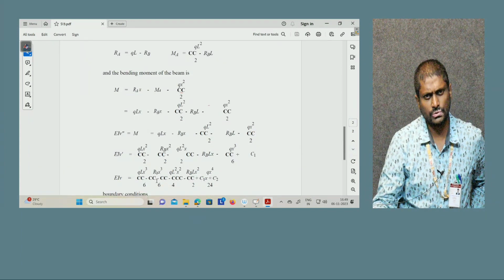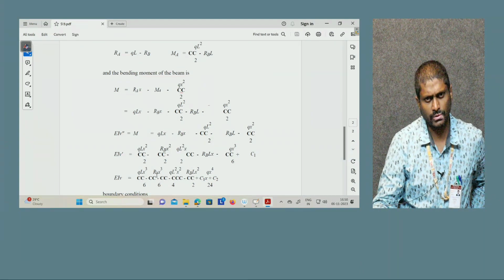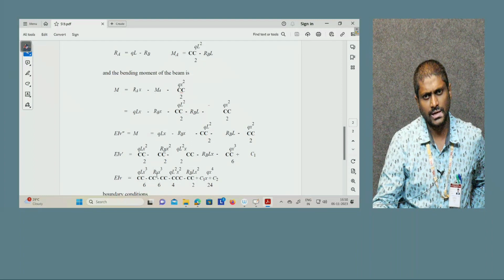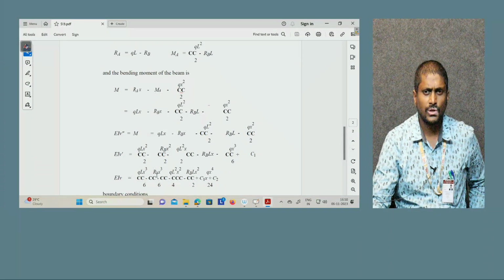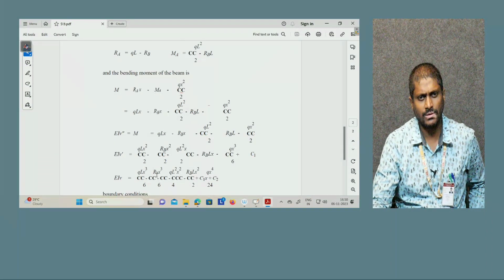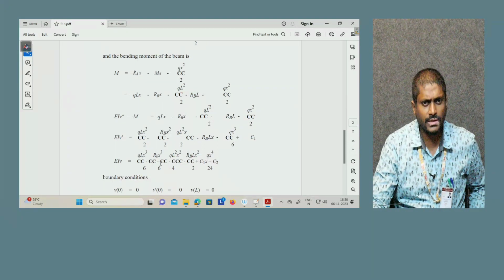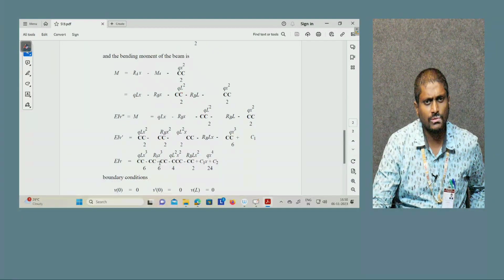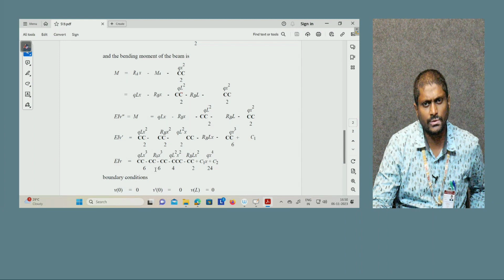EI v dash equals qLx square by 2 minus RB into x square by 2 minus qL square x by 2 minus RB into Lx minus qx cube by 6 plus C1, and EI v equals qLx cube by 6 minus RBx cube by 6 minus qL square x square by 4 plus RBLx square by 2 plus C1x minus qx to the power 4 by 24 plus C2.